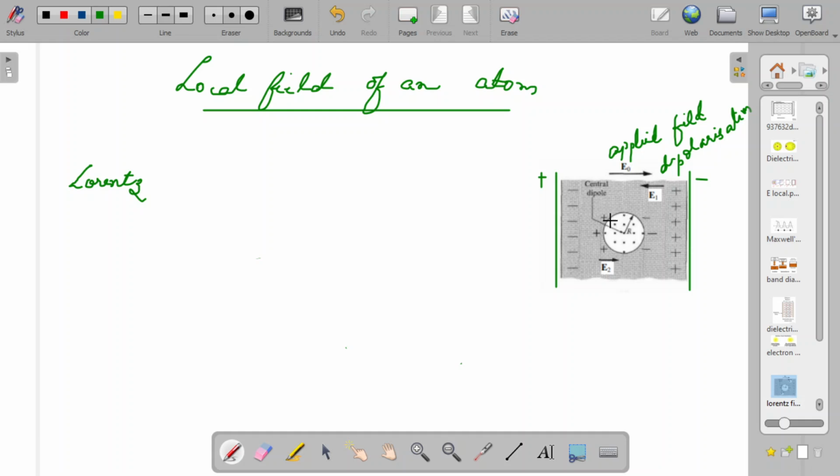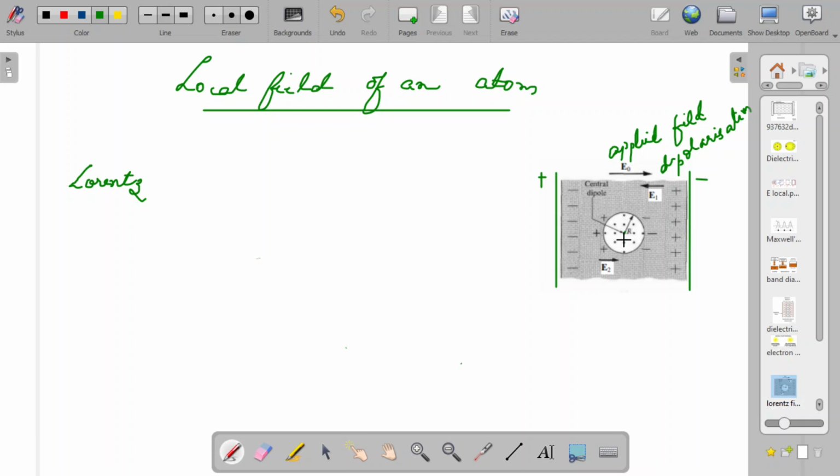So here you consider a cavity, and let me consider this atom kept at the middle, which is denoted as a central dipole. We are going to find the local field of that atom.